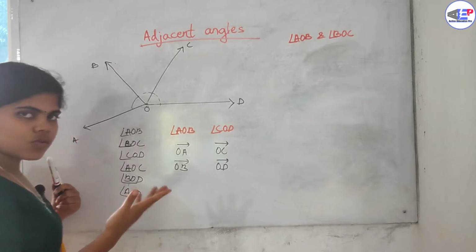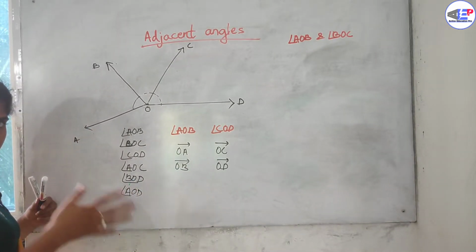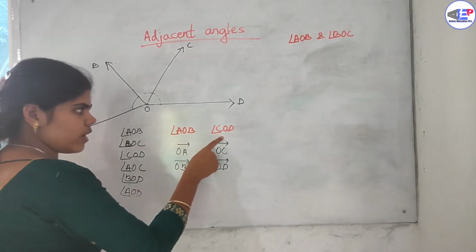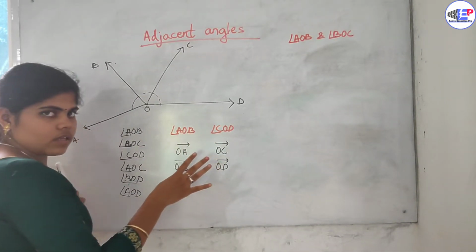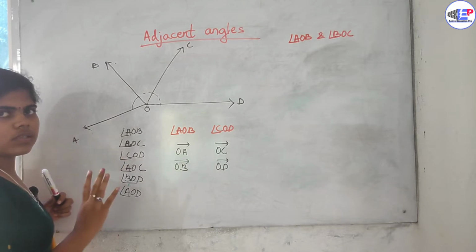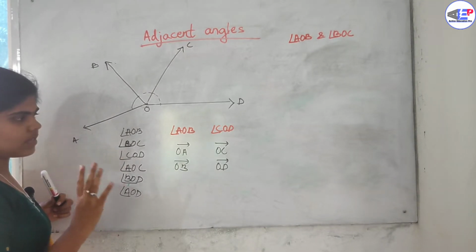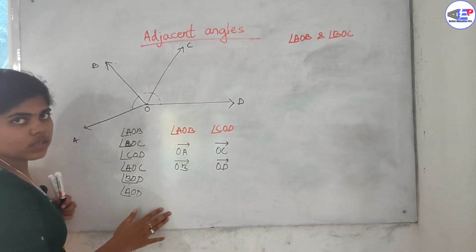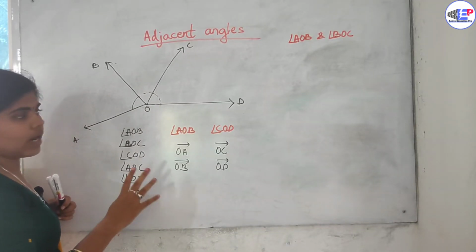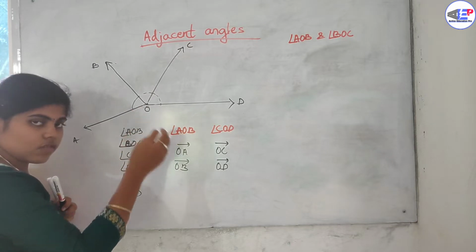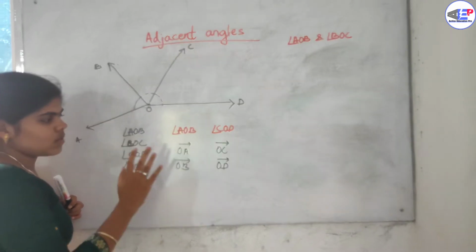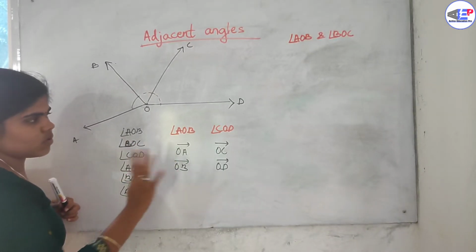There is no common arm between these two angles. So these two angles don't satisfy the first condition to be adjacent angles. There is a common vertex, but no common arm.